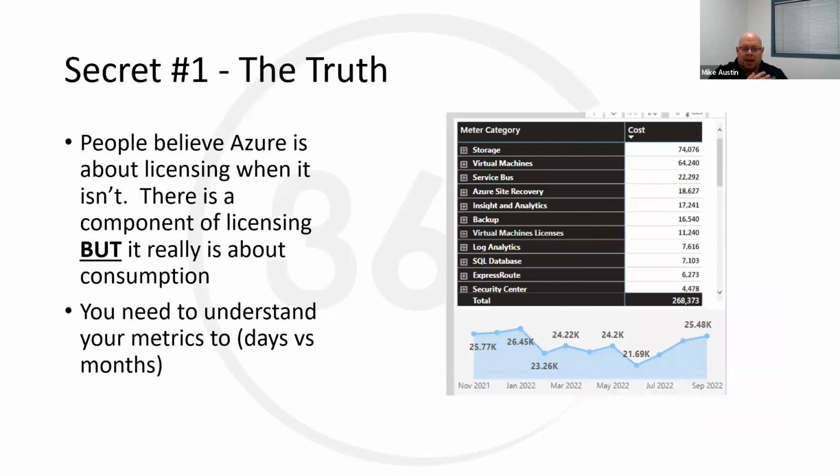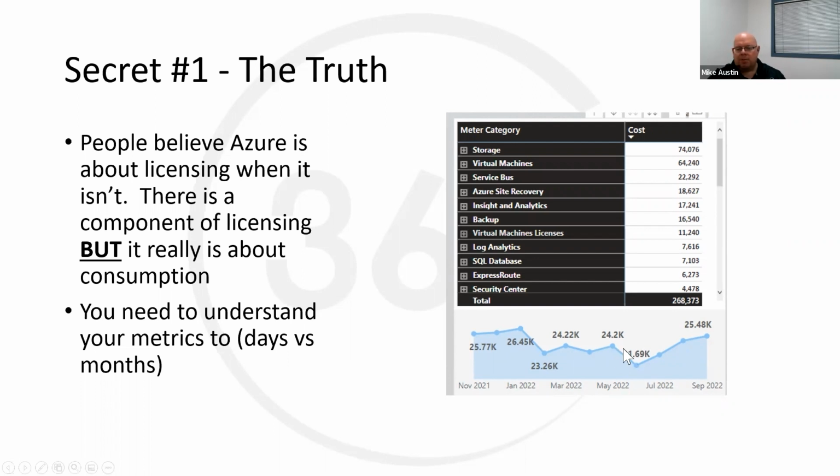Like I said, I talked a little bit about this. People believe that Azure is about licensing when it isn't. There's that component of it. It's more about understanding your metrics, and if you're familiar with the concept of FinOps, what I mean by understanding your metrics is, if I look here, this company went from 24K to 21K in May or June.